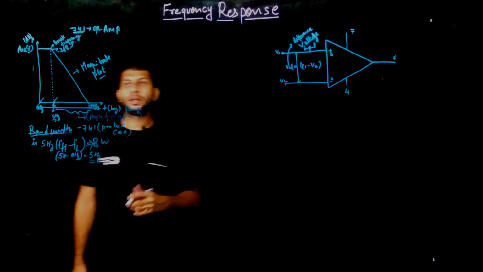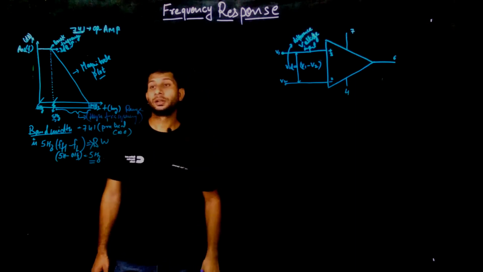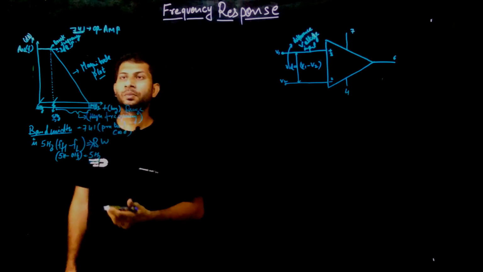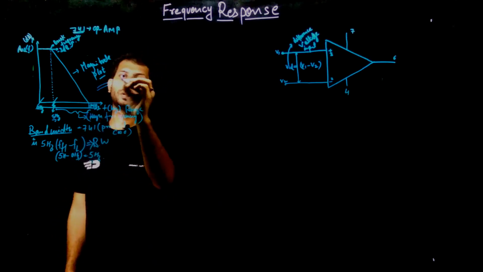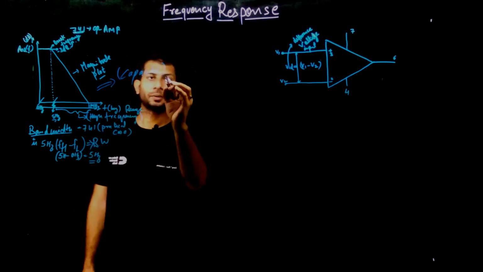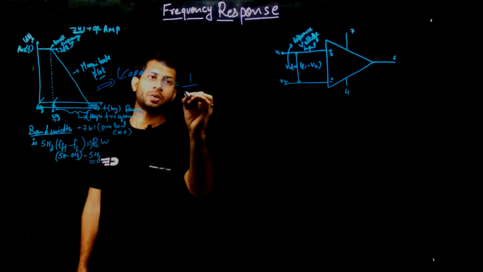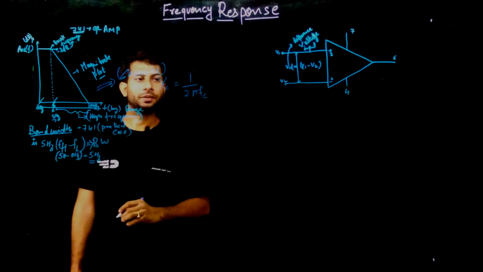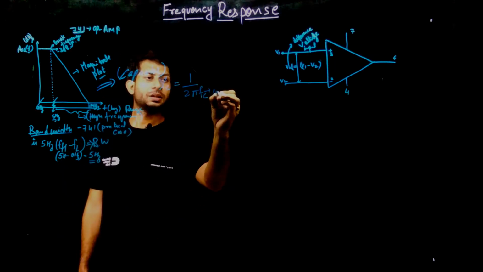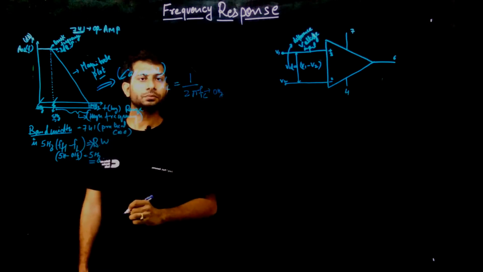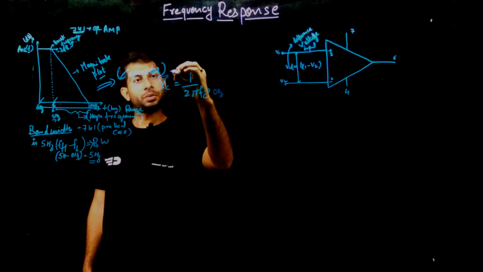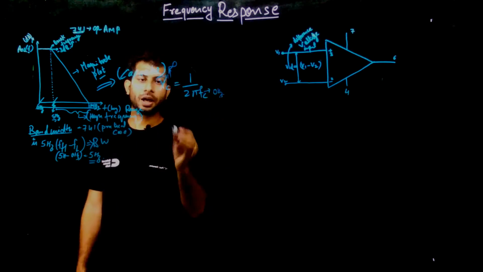That means something in our circuit is producing this effect, and that something is a capacitor. As we know, the reactance is 1 over 2 pi f c. When the frequency of the signal is 0 Hz, this reactance becomes infinite.